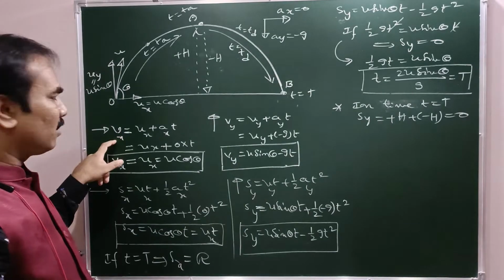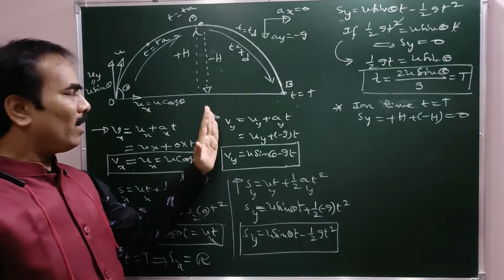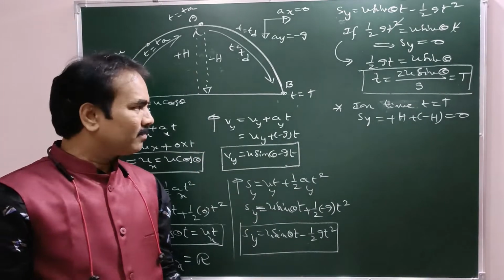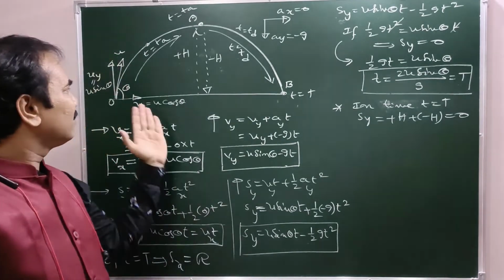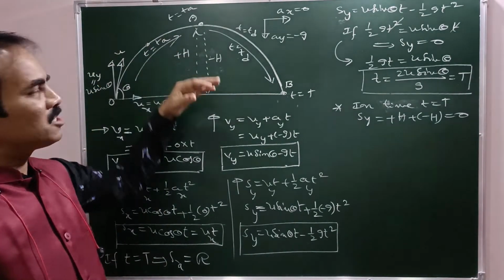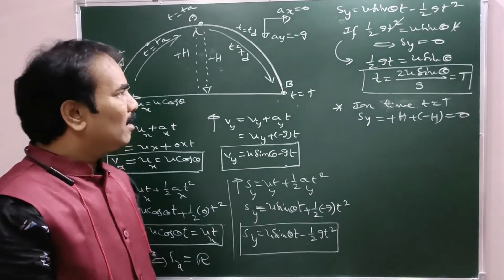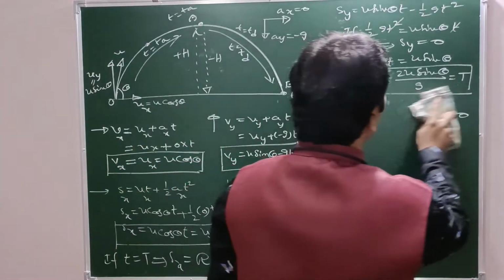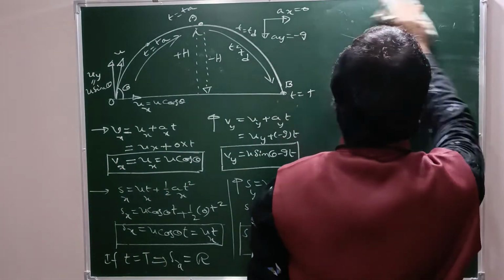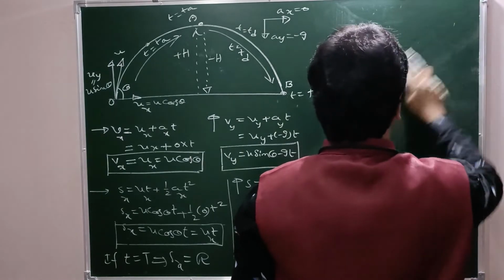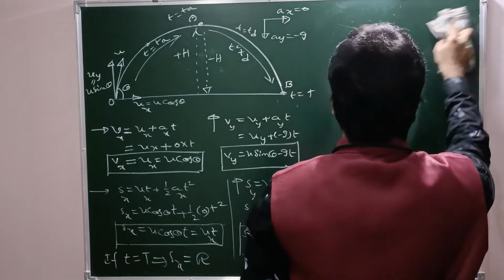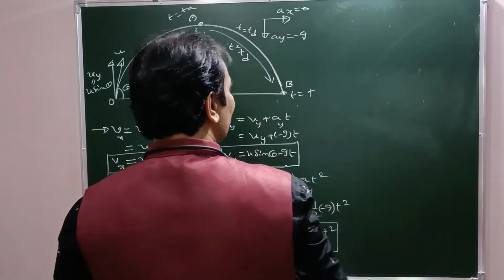Here, velocity along x and along y. So these are the equations according to which one can understand the entire motion of a projectile. Now let us see a few more points in the same case.